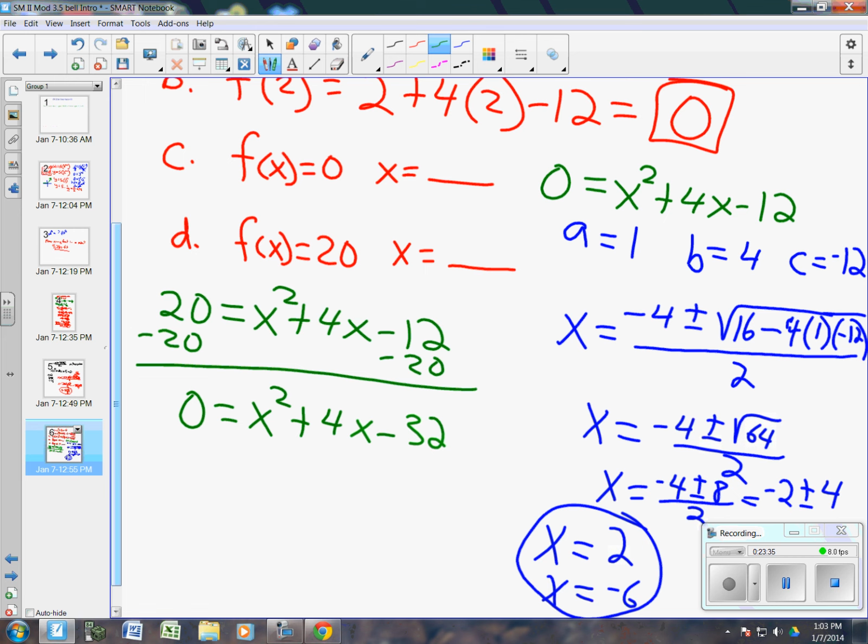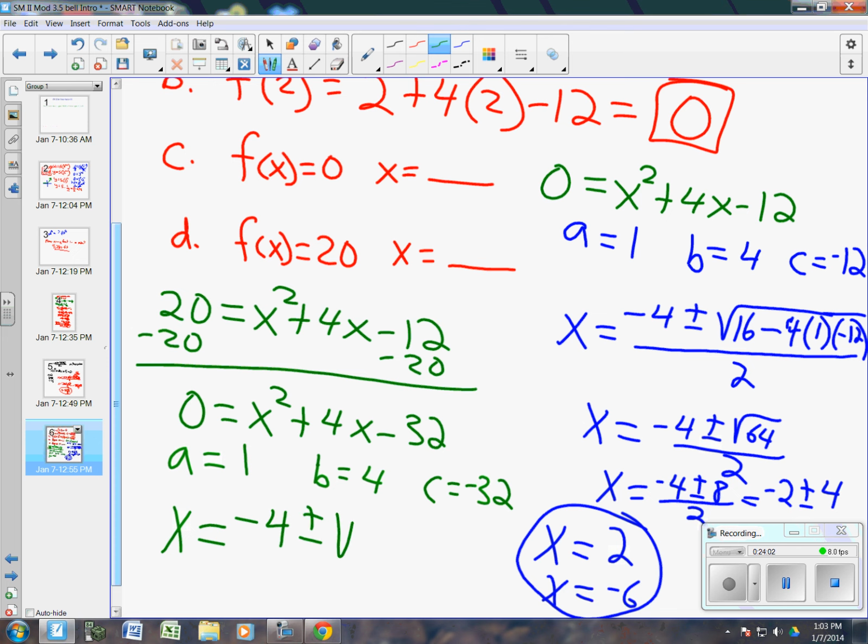Now, I am going to do the quadratic formula again. What's a, b, and c equal to? And the c equals negative 32, right? I'm going to plug these in the quadratic formula. X equals negative b. What's b? Negative 4.